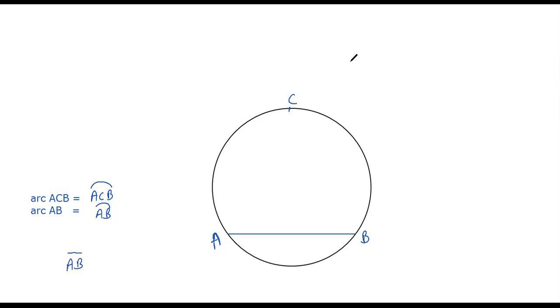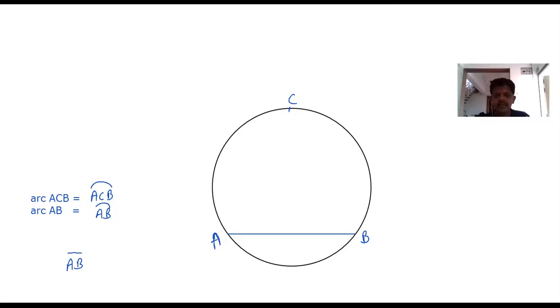It becomes segment AB. Likewise, this would become arc AB. That is the symbol for an arc. In the case of a minor arc, you don't need the third vertex. But in the case of a major arc, you will always need the third vertex. Till here, everything is fine. Is this okay?